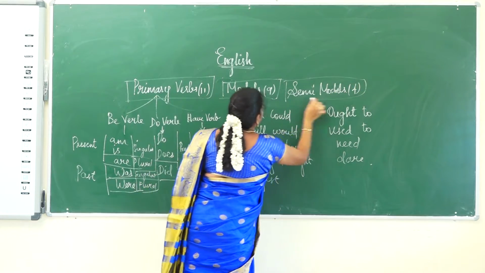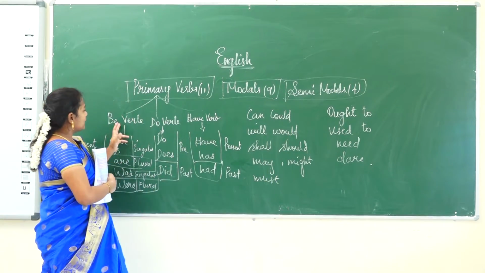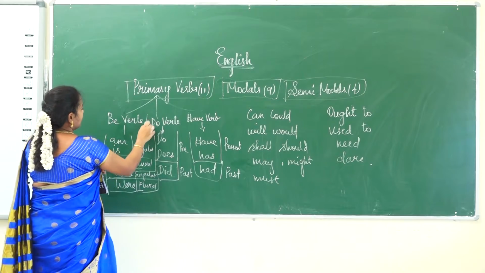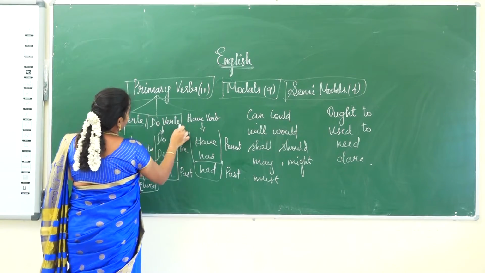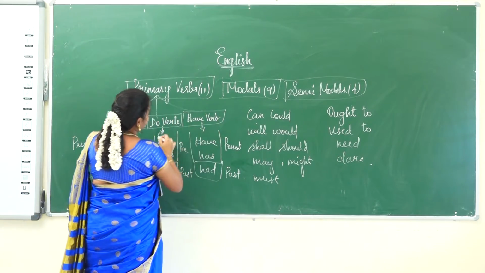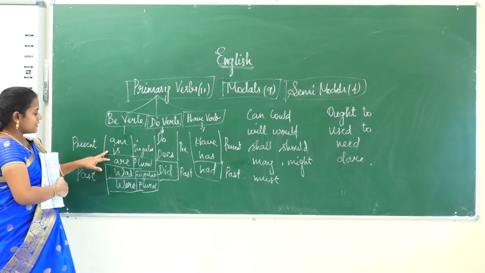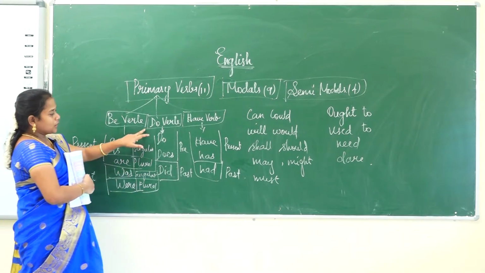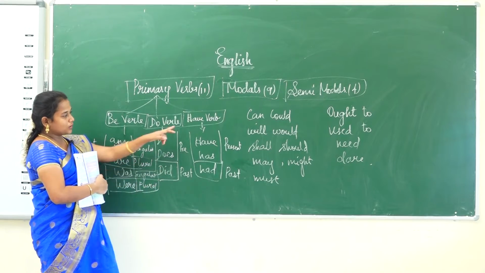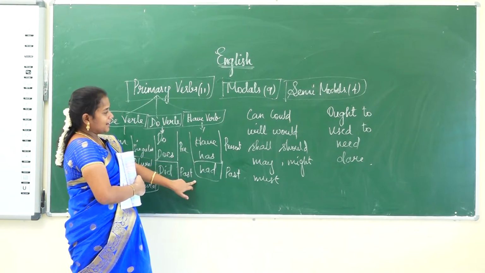Primary verbs again have 3 divisions: be verbs, do verbs, have verbs. What are be verbs? Am, is, are, was, were. What are do verbs? Do, does, did. What are have verbs? Have, has, had.